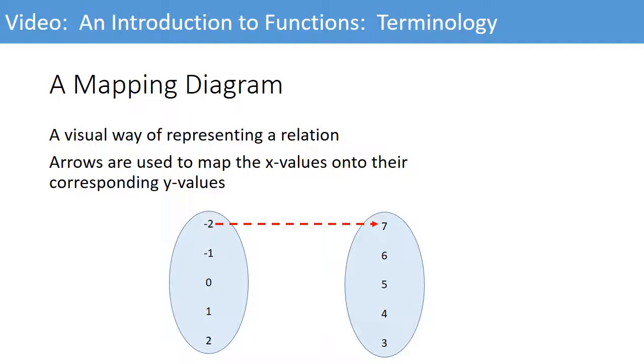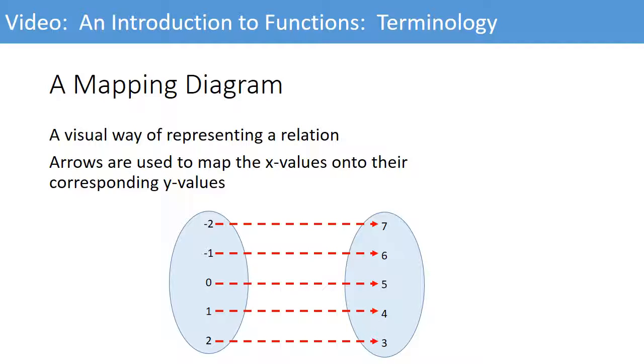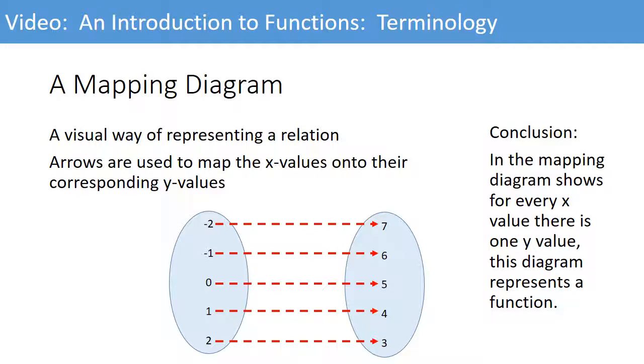The dotted arrow indicates the mapping. What's my conclusion? In the mapping diagram shown on the slide, for every x value, there is only one y value. That means this diagram represents a function.